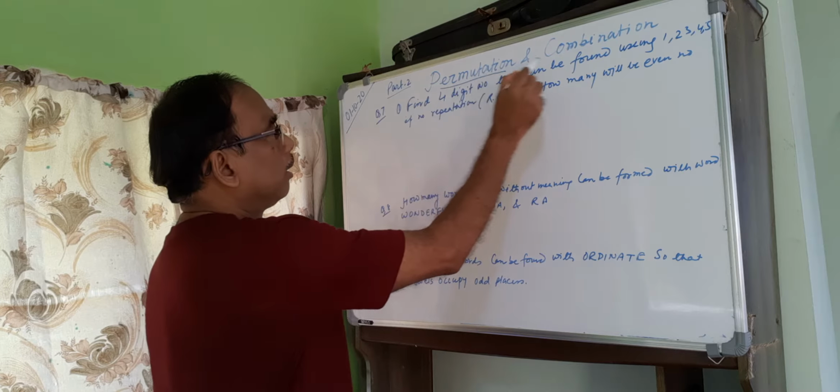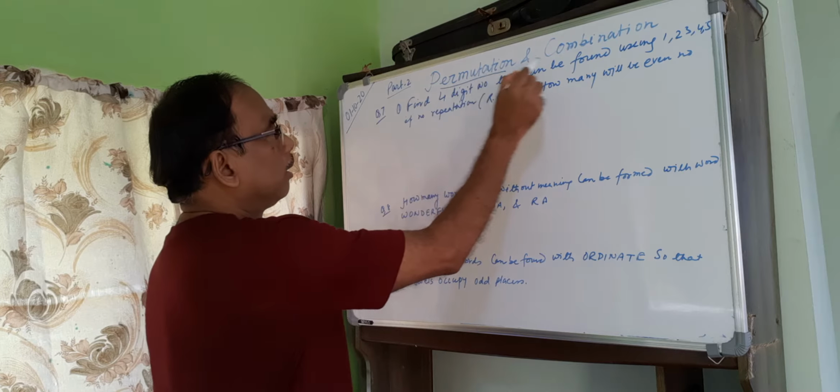And next, when repetition is allowed, we have to take 5 letters, 5 at a time: 1, 2, 3, 4, 5. The repetition is allowed, so we can take 5 ways, again 5, again 5, again 5, again 5.